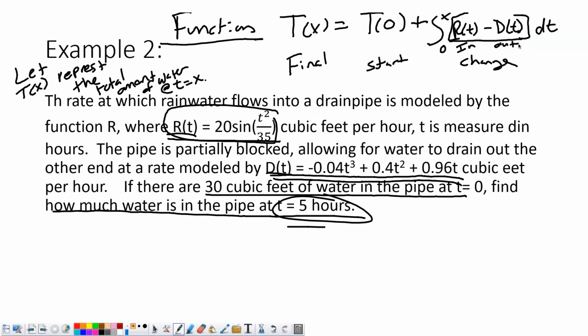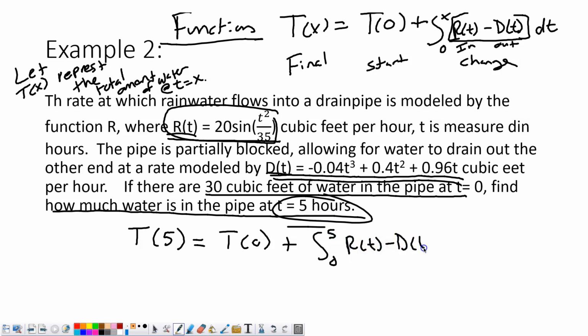Okay. So now they want us to find how much water is in there at what time? 5 hours. So what that's going to be then is the following. T of 5 is equal to T of 0 plus the integral from 0 to 5, R of T minus D of T, dt.